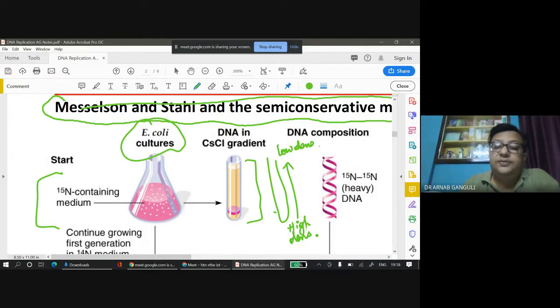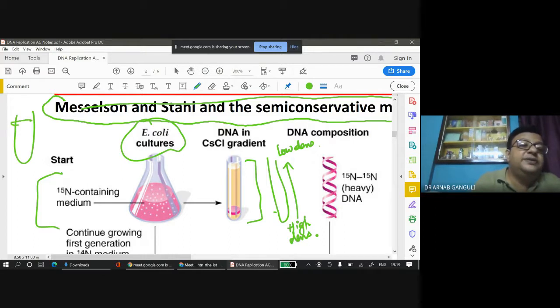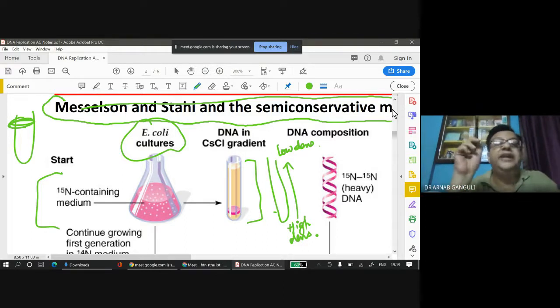So when you make a cesium chloride gradient, you isolate the DNA and then load the DNA on top of the cesium chloride gradient, and then you centrifuge, that is, you run it at very high speed. So depending upon the density of this heavy DNA, the DNA band will sink inside the tube and it will be in one particular position.